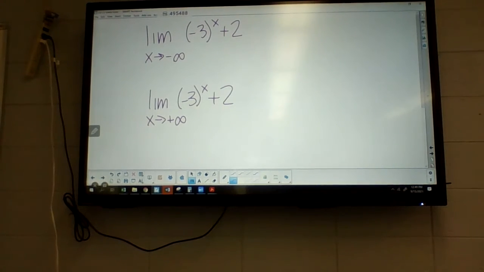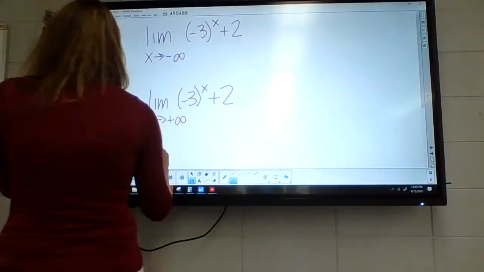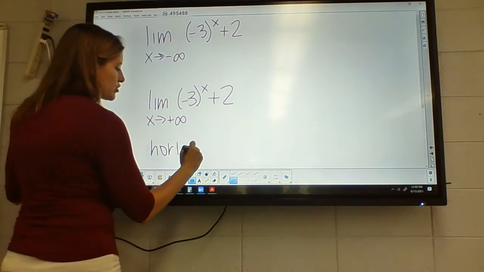Okay guys, on your whiteboard, I want to know the limits on each of these. And then I want to know the horizontal asymptote. I'll come over and check.